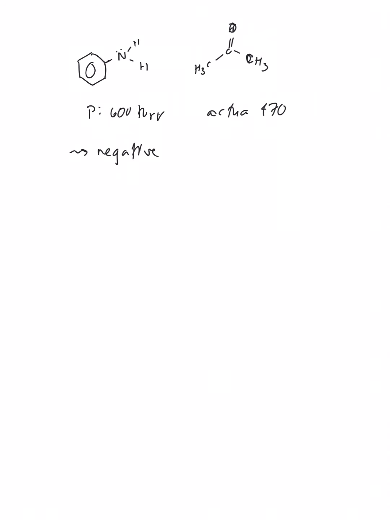Many of you understood that you had to mention in your answer that the interactions between aniline and acetone would be stronger than aniline on its own and acetone on its own. And you had to actually apply that to the molecules. So what happens here is aniline has the ability to make H bonds on its own.